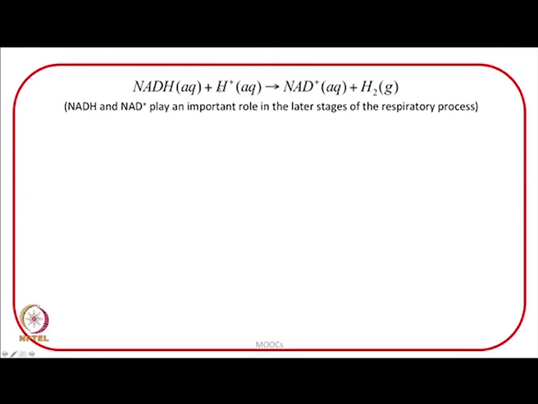There is a proton involvement, and both NADH and NAD plus are biologically important molecules, and in fact they play an important role in the later stages of respiratory process. Therefore this reaction is very, very important.